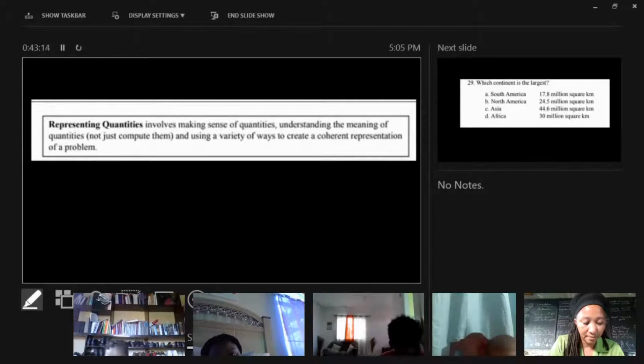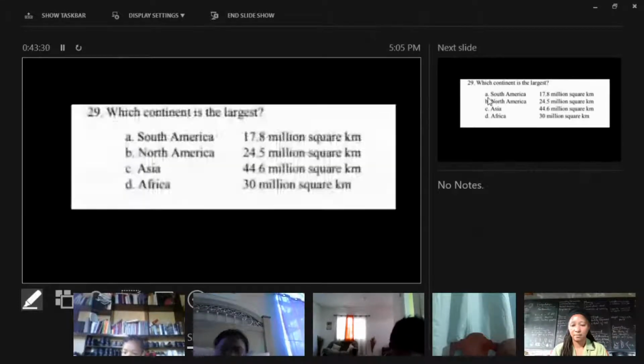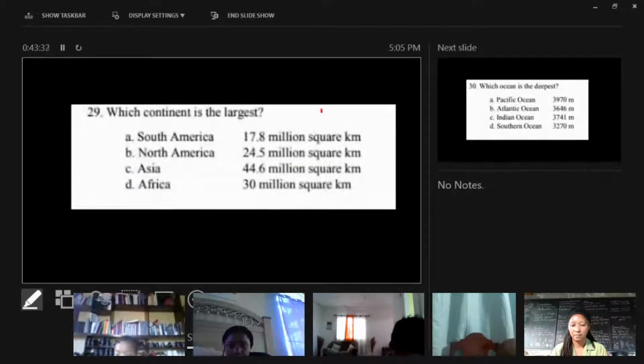Representing quantities involves making sense of quantities, understanding the meaning of quantities, not just computing them, and using a variety of ways to create a coherent representation of a problem. All right. So 29. Can Amari read this for me?